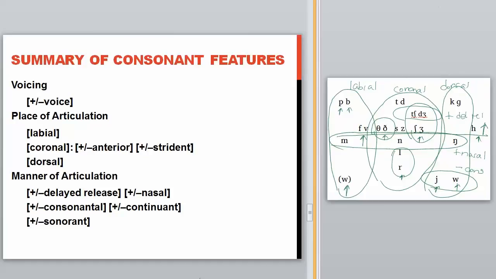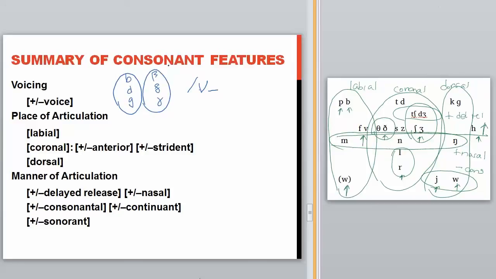So in summary, these are the features for consonants. Now, they're highly relevant when we're making phonological rules, as we can see if we revisit our Spanish example, with b, d, and g becoming v, th, and g after a vowel. So the natural class we see here is voiced stops becoming voiced fricatives.